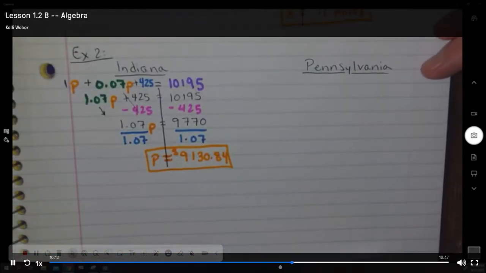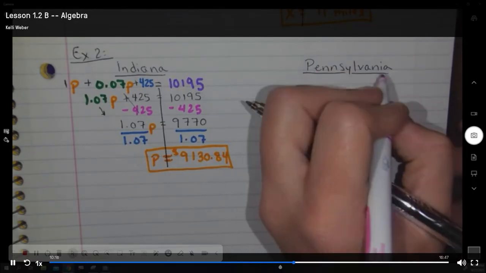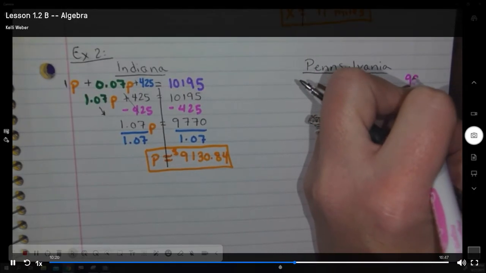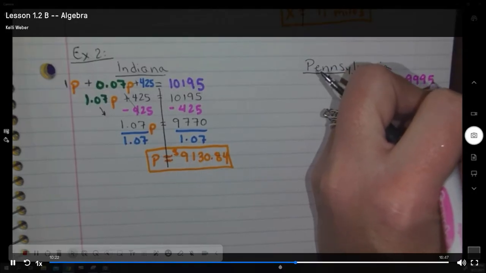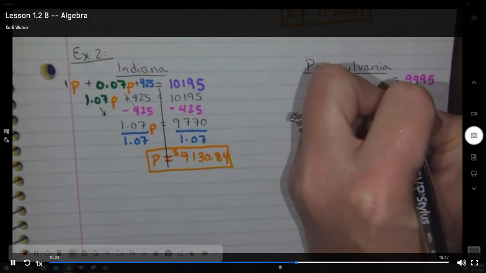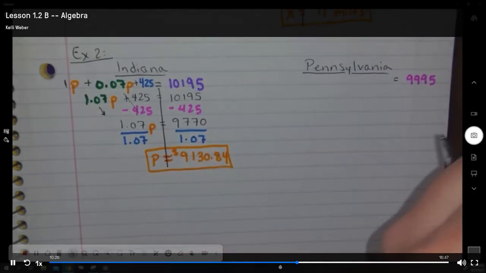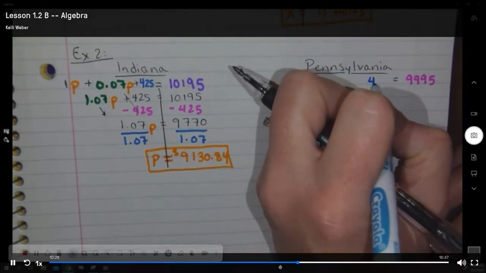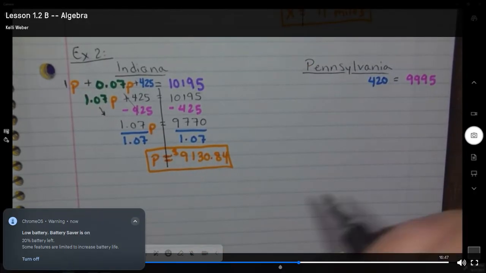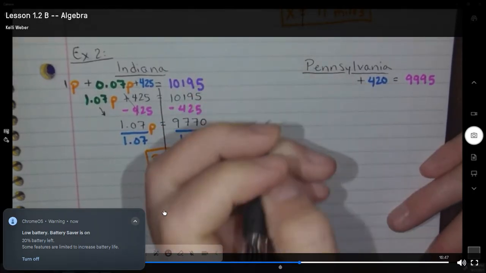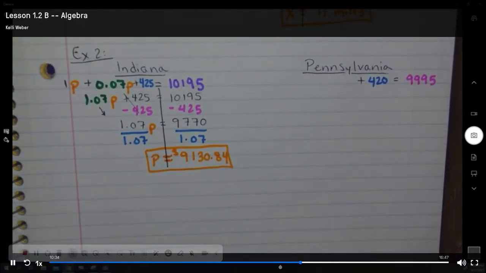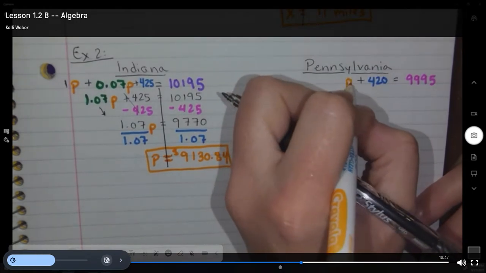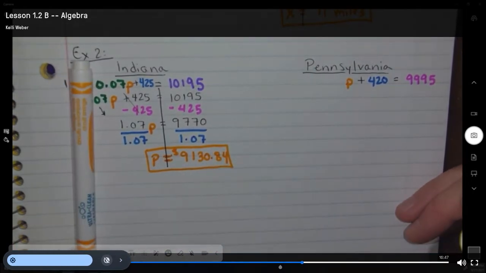So we have $9,995 for our total. And then we have $420 for our fees. Plus, this time we have a 6% sales tax that's getting multiplied by our initial price.